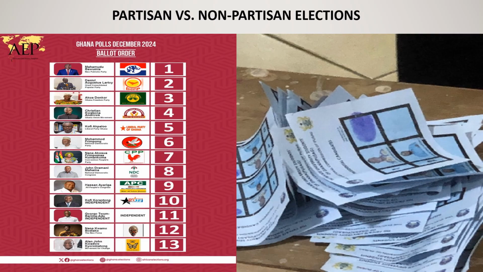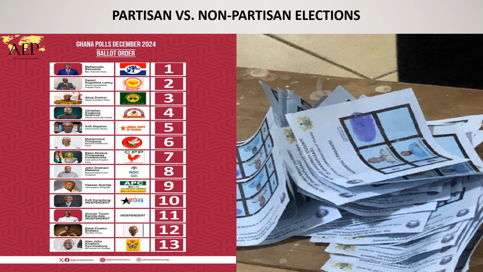So you see the picture on the flyer on the first part, on my left, that Ghana's poll for December 2024 shows all the candidates who contested the elections. The same way, you also see another picture over here that shows an example of a ballot issued to citizens who cast the vote.